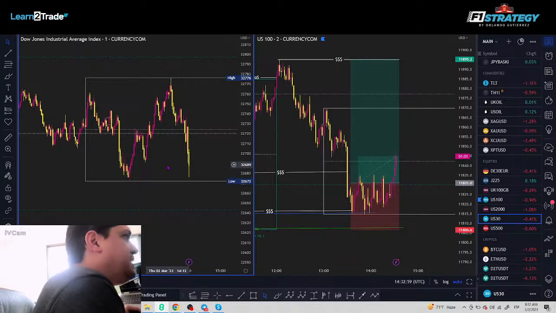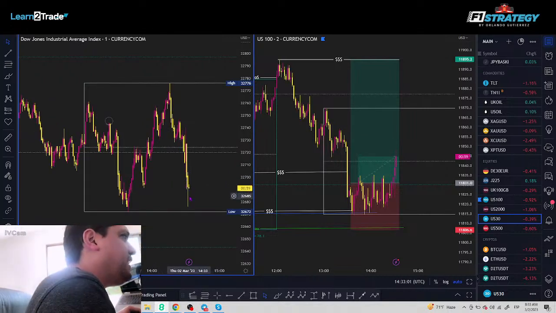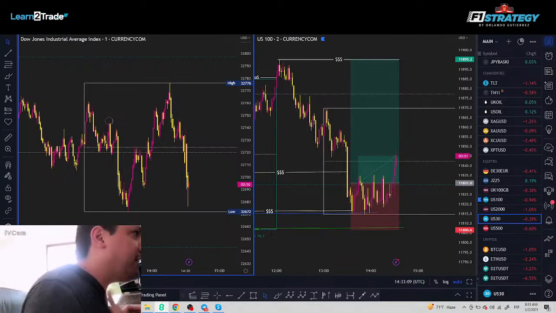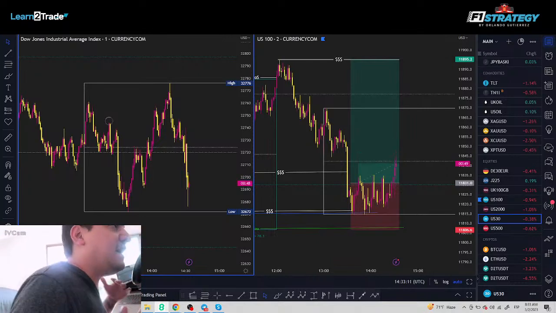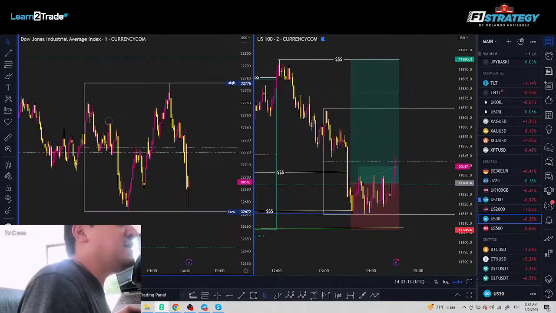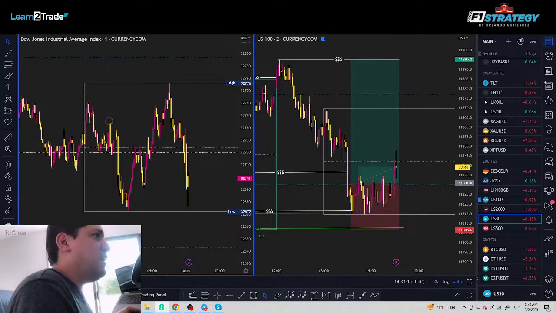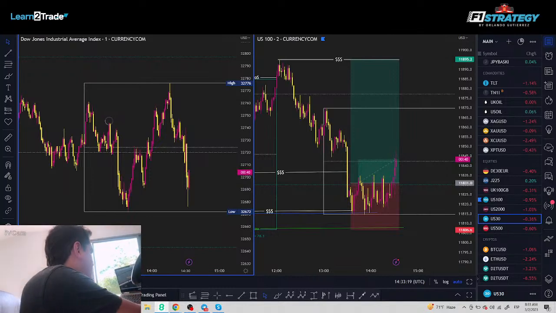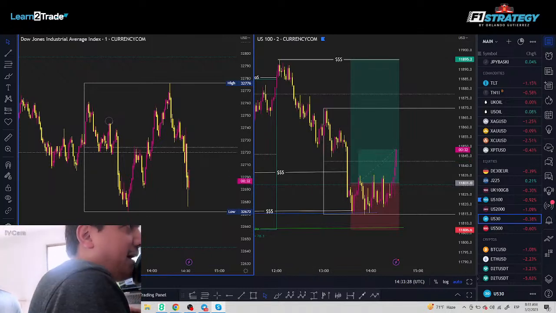All right. So I'm looking here at that mitigation of this bullish order block on the Dow Jones. Actually, I'm gonna let it run. I forgot, my friends, that I had only 0.4% risk on this position. So I'm gonna let it run. This is nice. This is why we manage our risk, right?